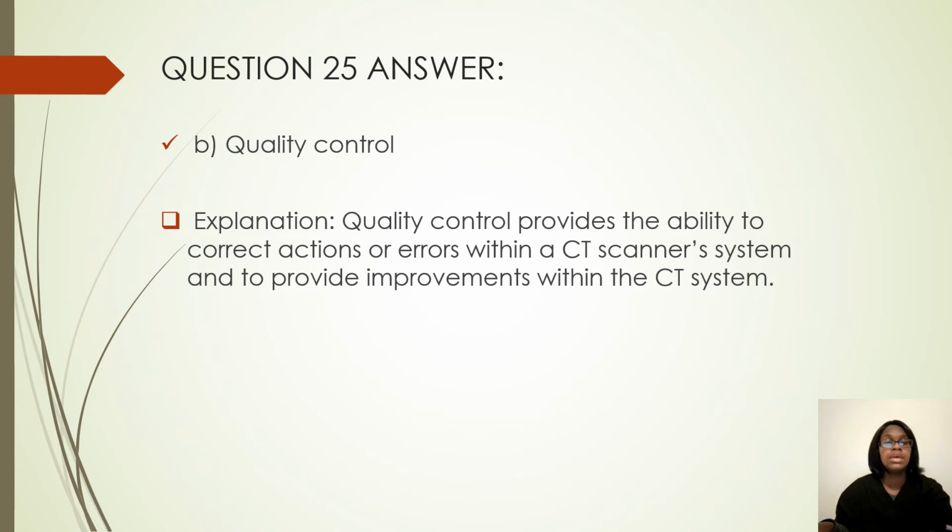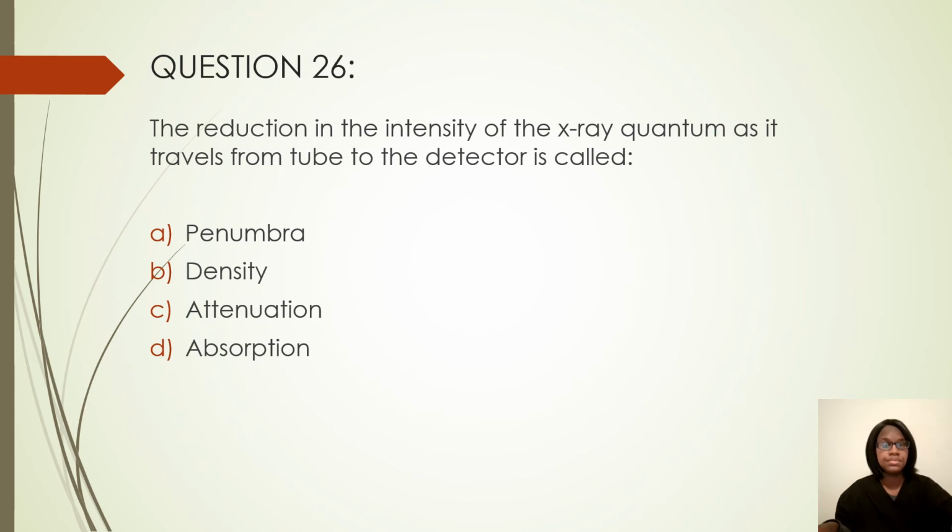Quality control. You may also hear it be called QC. So a lot of times people are either going to say QC or QA. QC stands for quality control, QA quality assurance.